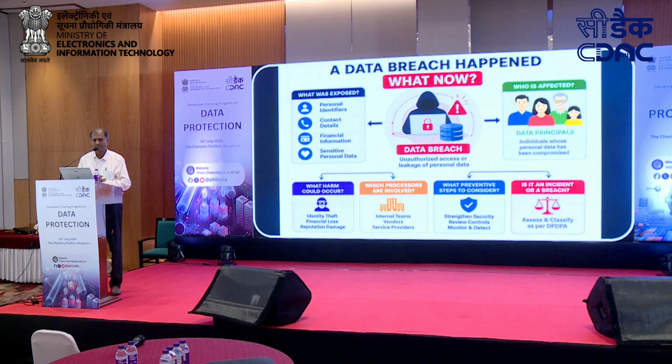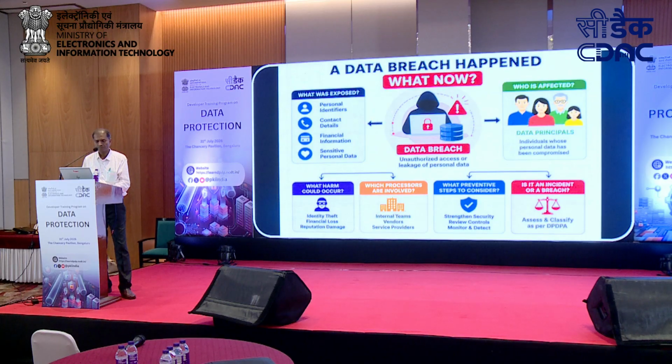So let us say a breach had happened, what was exposed? Probably personal identifiers, contact details, financial information, sensitive personal data. All of these could have been leaked. The affected data principals, whose data has been shared, should be notified.